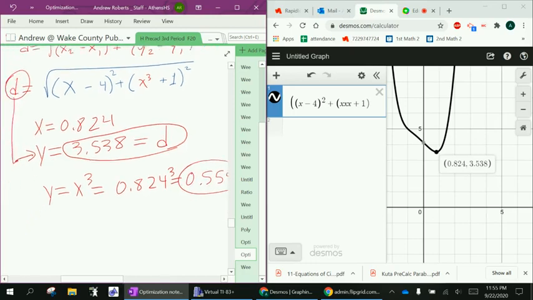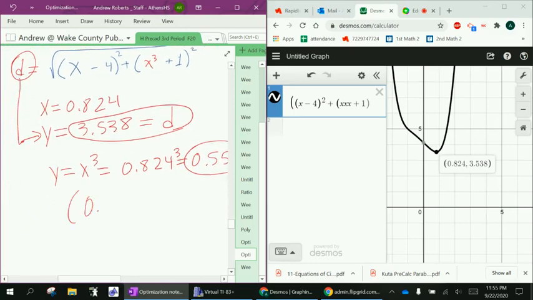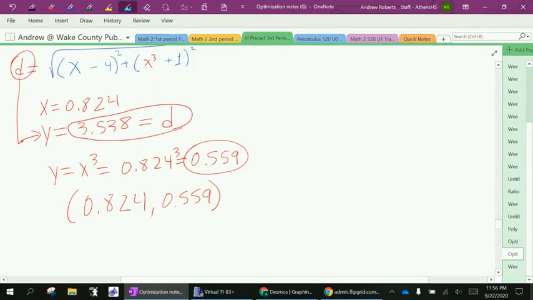So this is my actual y value. So the point is going to be 0.824, 0.559. Okay, so final answer. That is the closest point to 4, -1.